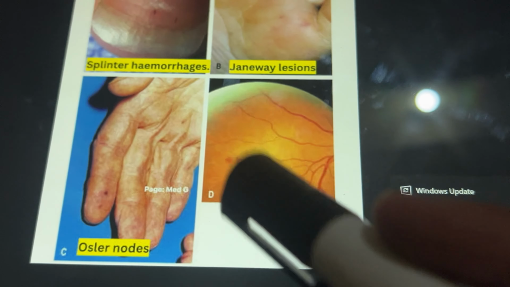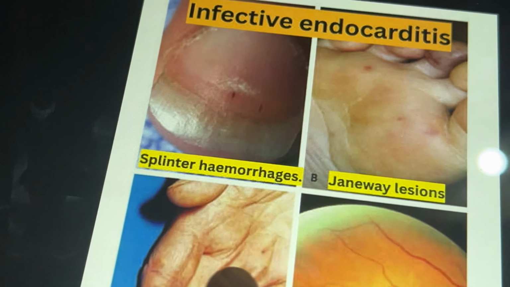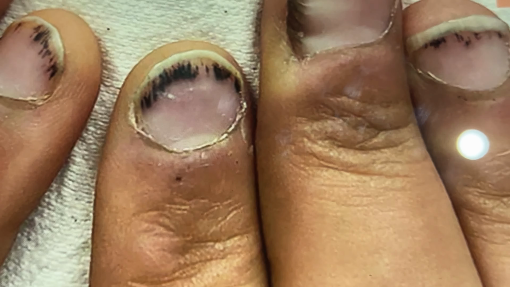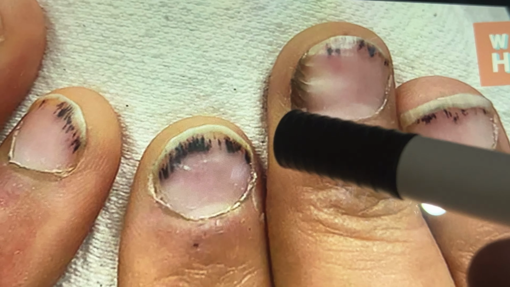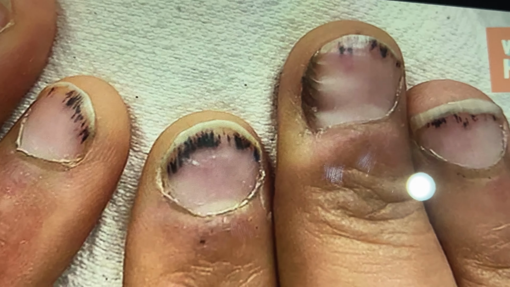And this shows the linear hemorrhagic lesions on the nail beds, which are the splinter hemorrhages.